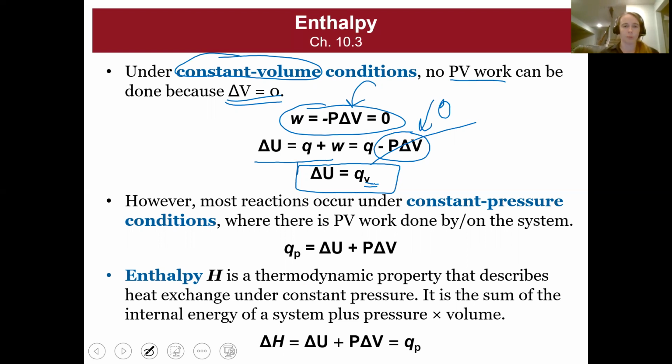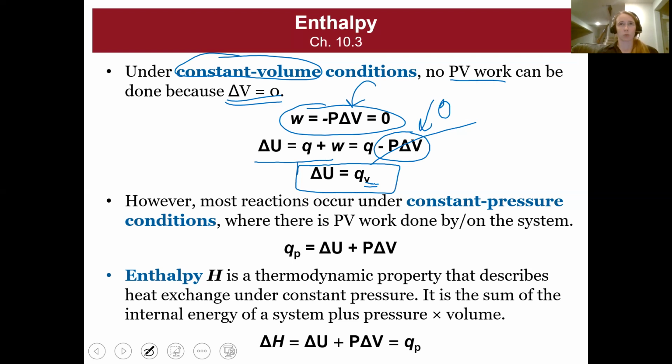However, like I said, most reactions occur under constant pressure conditions. We don't usually go around sealing things up in really tight steel drums so that we can contain our reactions, mostly because it's not really safe.